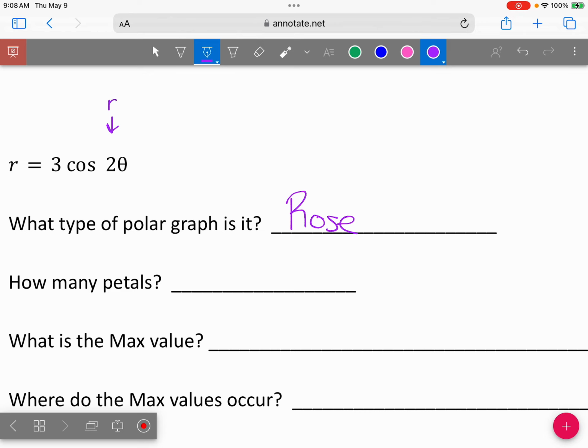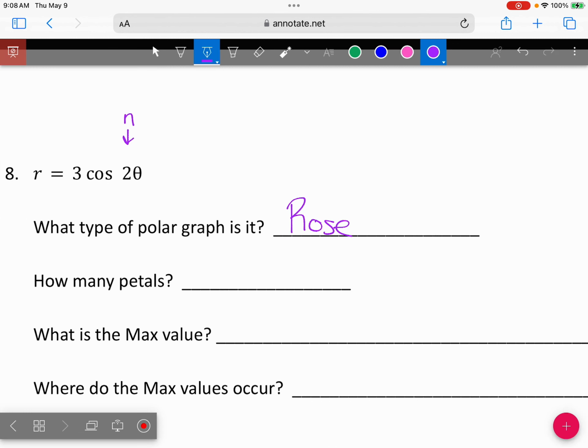So that's our n. So if our n is even, that means we're going to have a period of what? Of 2 pi. So we're doing the whole kit and caboodle. And since our n is even, that means we're also going to have 2n petals. So how many petals is this going to have? 4.